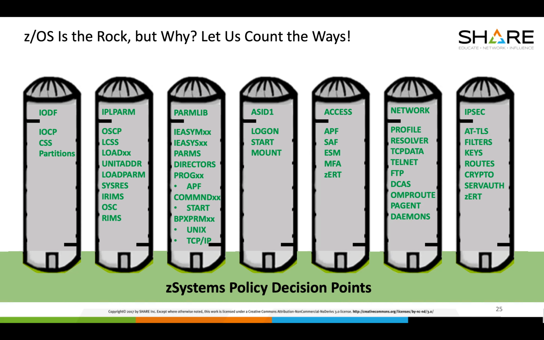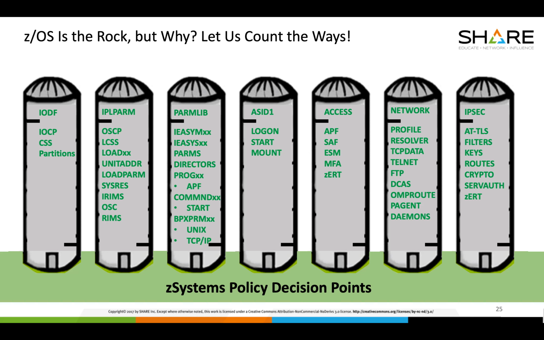So we're almost at the end here. Our conversation has taken us in a number of different directions from the original 5 silos that we have. Now we've subdivided it, and now we have 7. Those that deal with the IODF, the silo that deals with IPLPARM and all of its characteristics, PARMLIB and all of its characteristics.